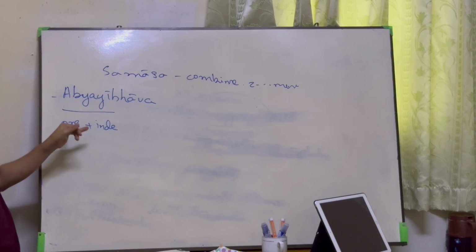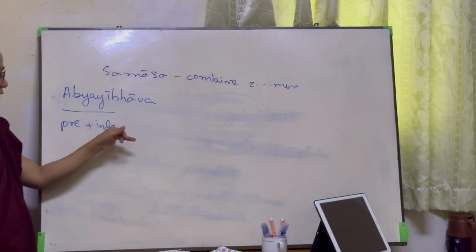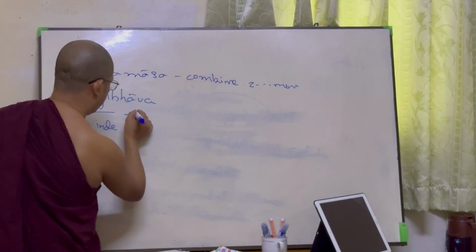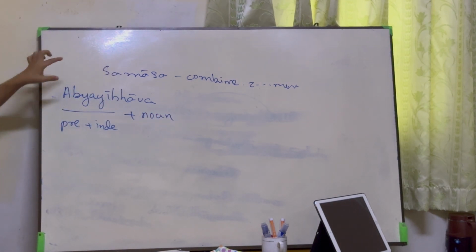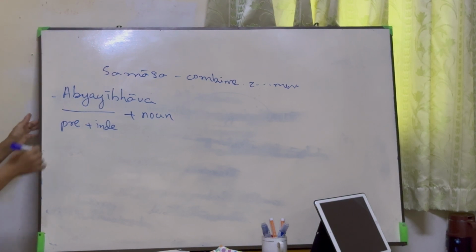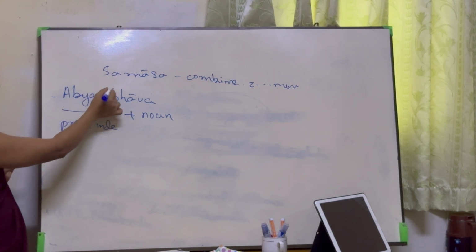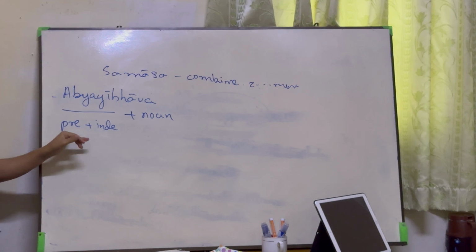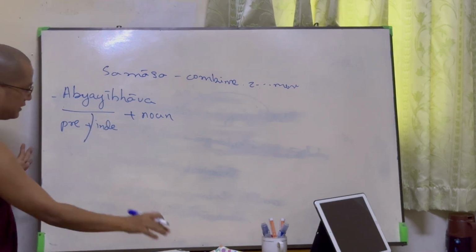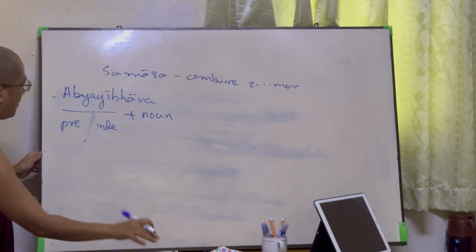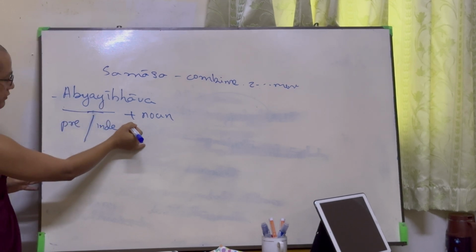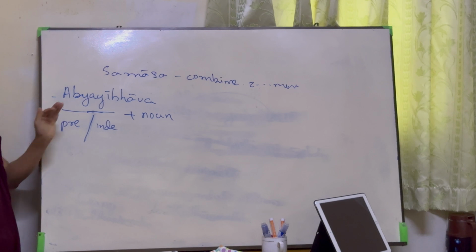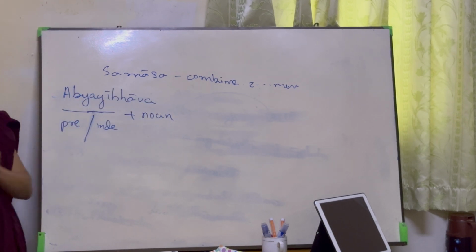By using this prefix and indeclinable particle, combining with a noun, we create the Abhyayi Bhava Samāsa. Prefix or indeclinable particle plus noun, we call it the Abhyayi Bhava Samāsa.